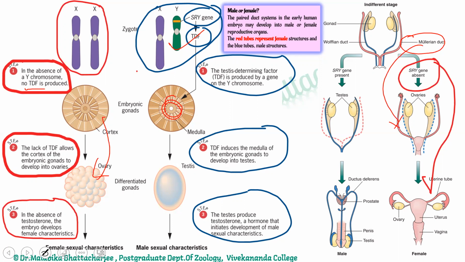The blue colored Wolffian duct has degenerated, and the Mullerian duct then goes on to develop into the different female reproductive structures.